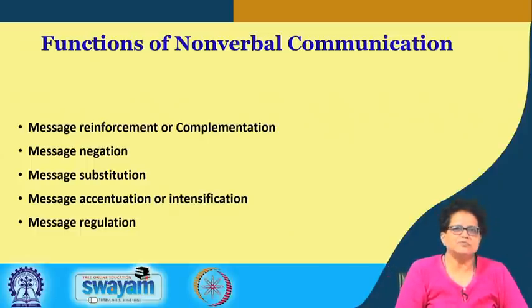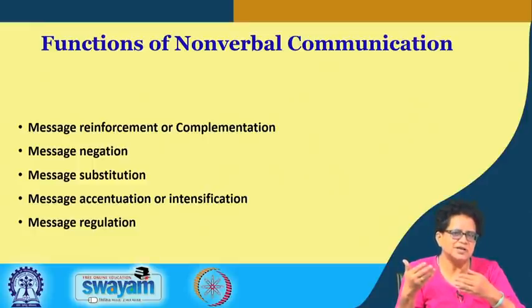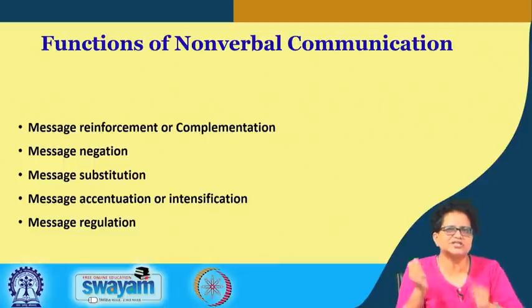And then we come to message regulation. Message regulation, in the sense of a conversation, where 2 people are conversing, one keeps on saying something and then the other one has to say something also, because it is a dialogue exchange going on.